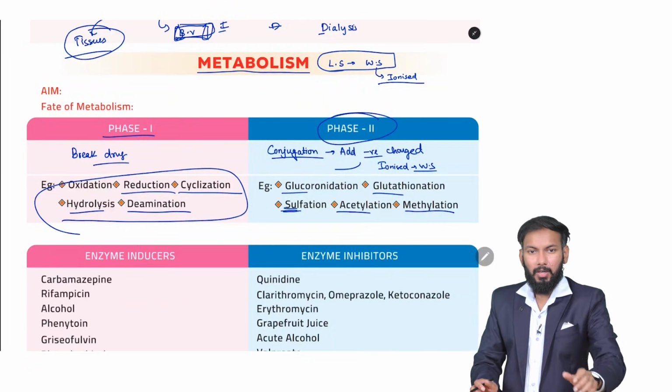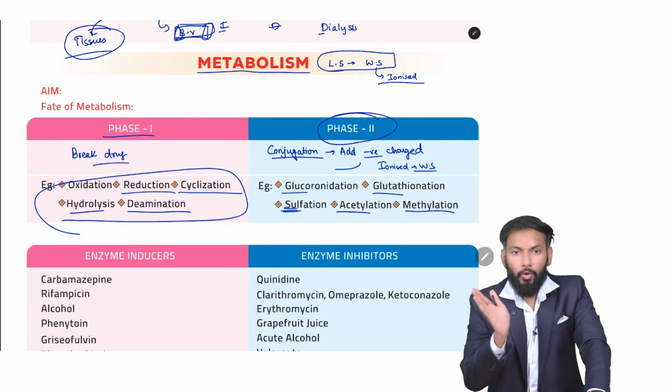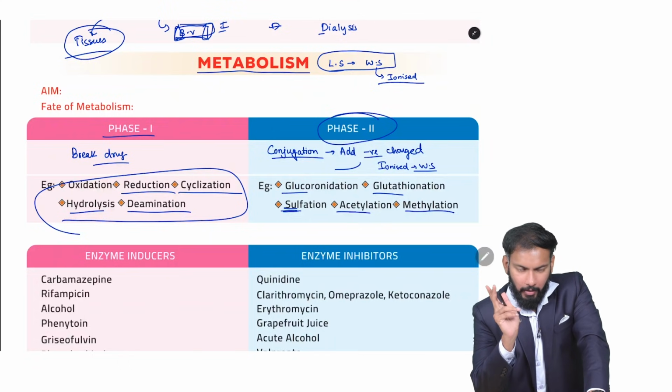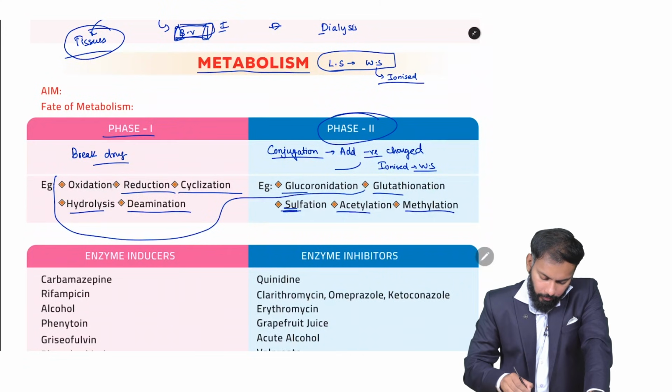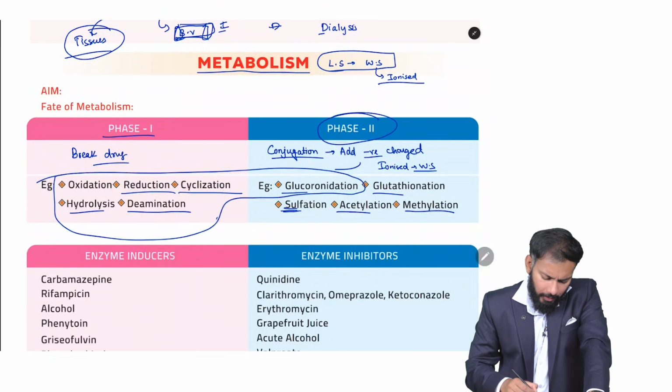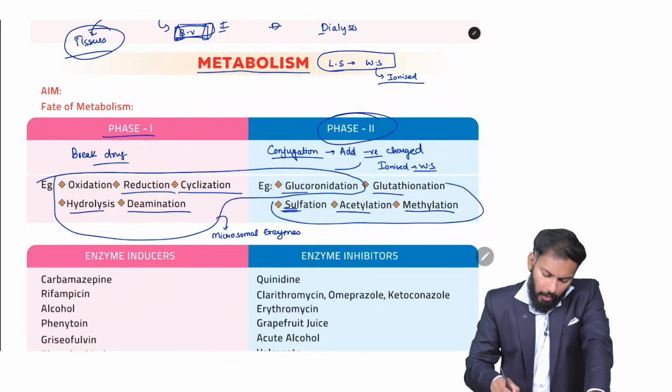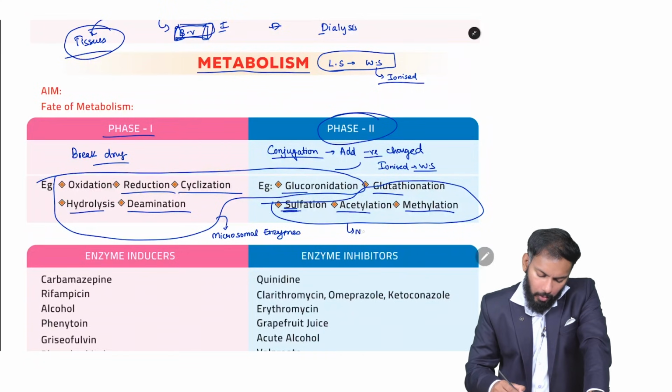Now what is important? Almost all of the phase 1 reactions and the glucuronidation reaction, all of this is happening with the help of microsomal enzymes. Other things are happening via non-microsomal enzymes.